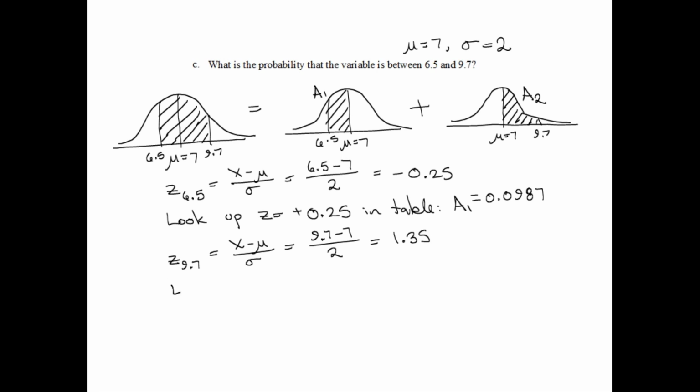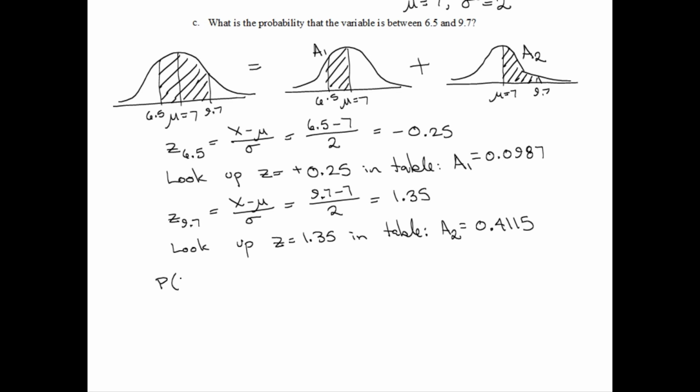And so then we look up 1.35 in the table. When you do, you should get an area of 0.4115. So now we have the two areas that we need. We just need to combine them to get our probability.